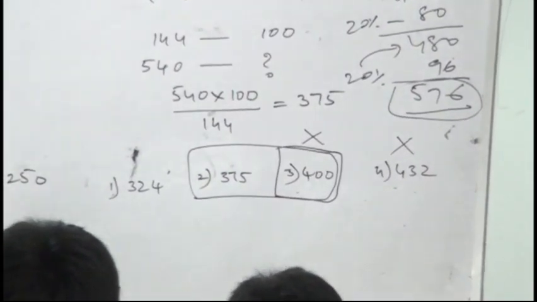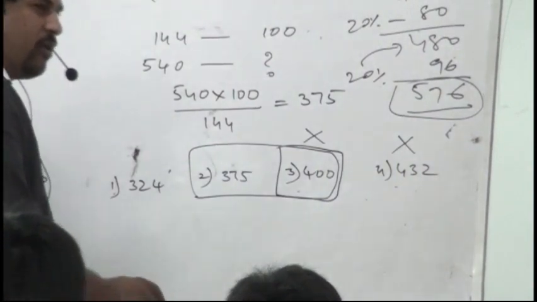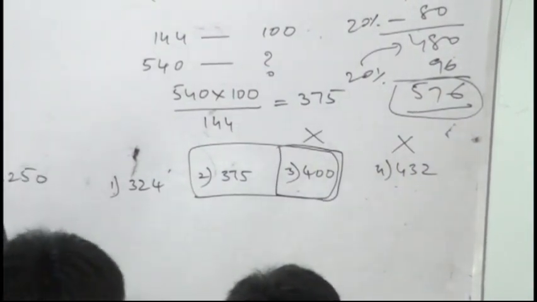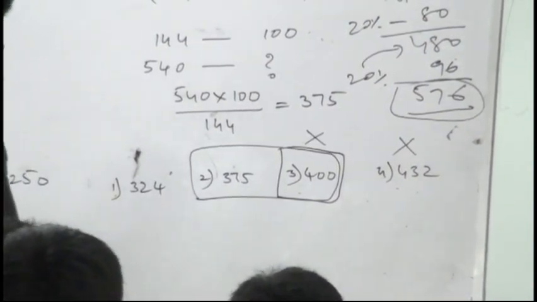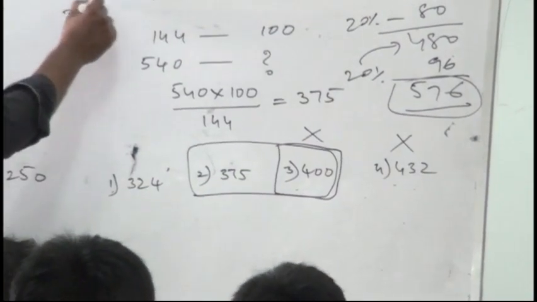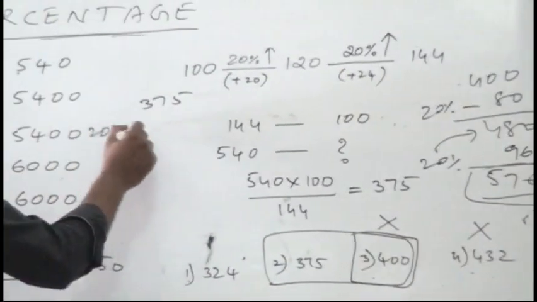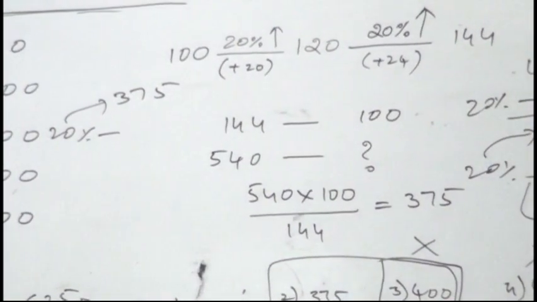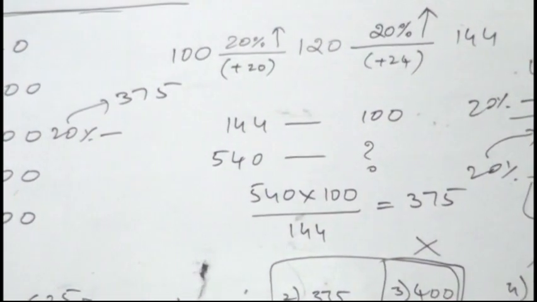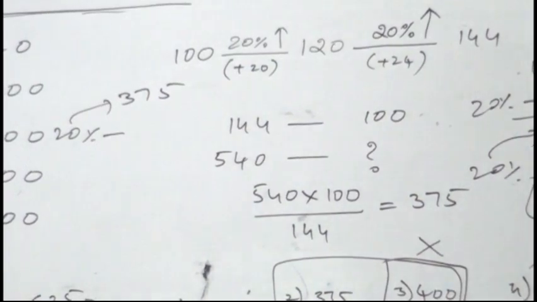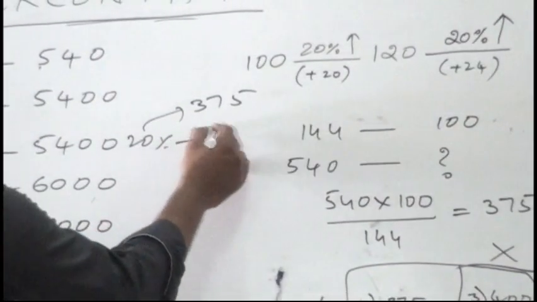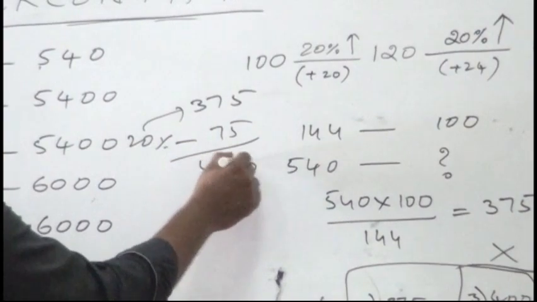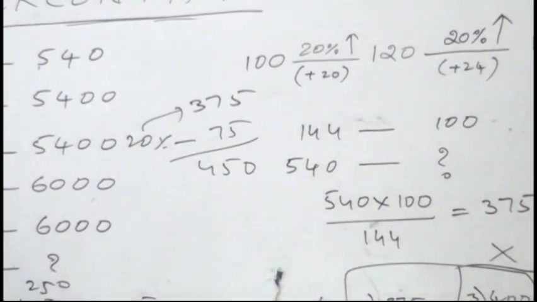Now which one are we supposed to try now? 375. So second trial, 375. 375, 20% increase. What is 10% of 375? 37.5. 2 times 37.5, 75. So add 75, 450. Am I right?